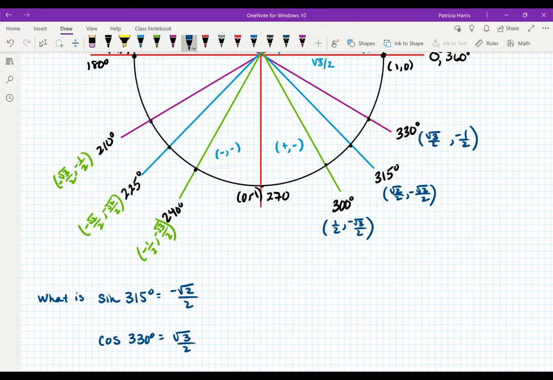Now, one of the harder things to do is actually tangent. You might want to highlight this: tangent of an angle is equal to the sine of the angle divided by the cosine of the angle.